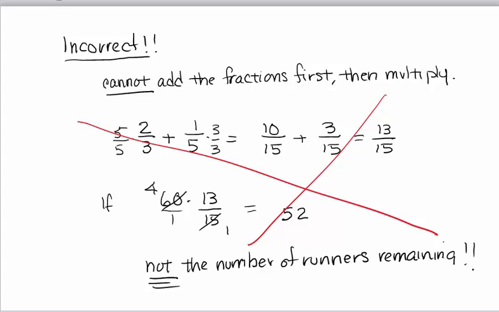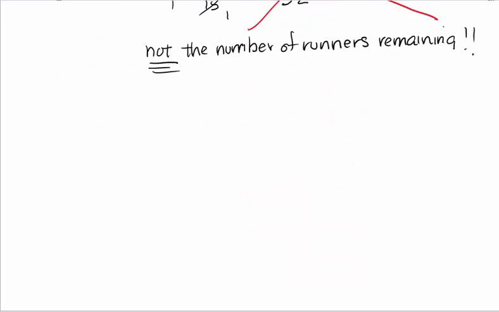And the reason is because with the first step, we're taking a fraction of the whole, and then we're subtracting that part and making it our new whole. So let's see if I can draw a more visual representation of this. Okay, let's see.